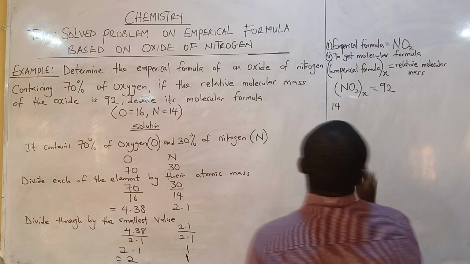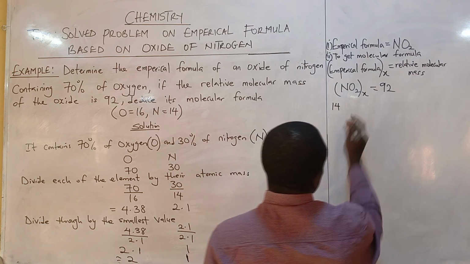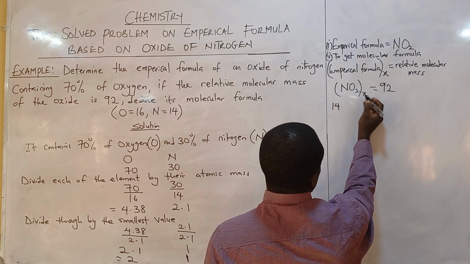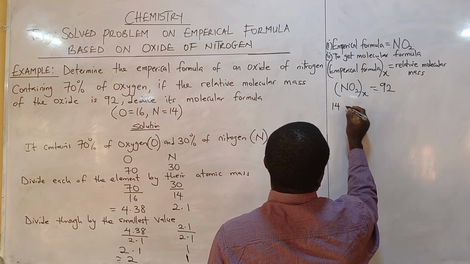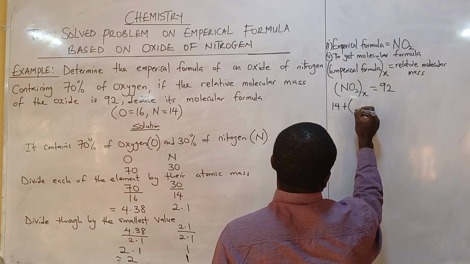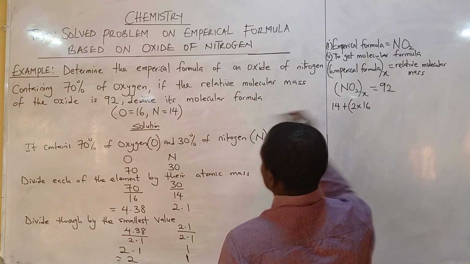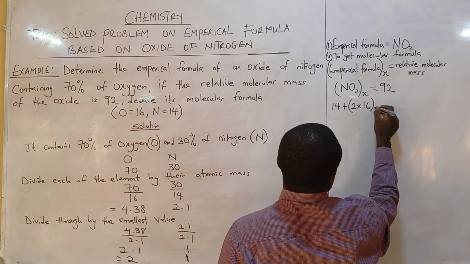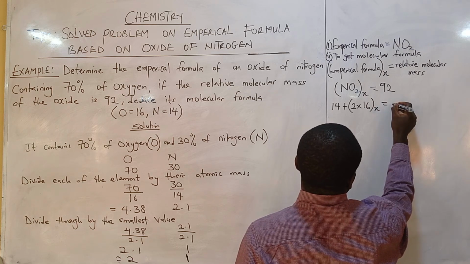Okay, now to get the molecular formula, you have to look for your x, which is 14 plus oxygen 2 times 16. You can see it. Get the value for x.